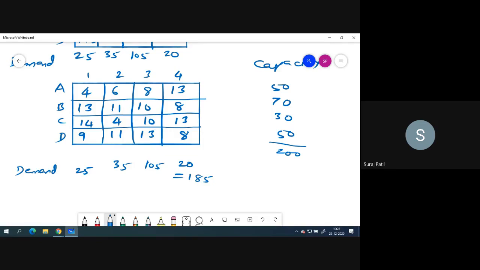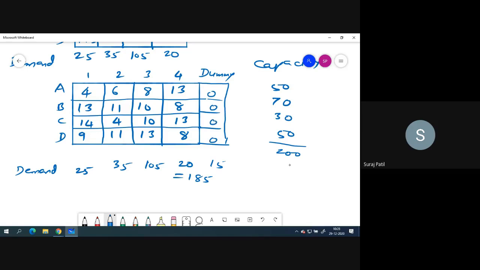I can add one column, called the dummy column, whose demand will be 200 minus 185, that is 15 units. This is called the dummy store, and its production and transportation costs are 0.